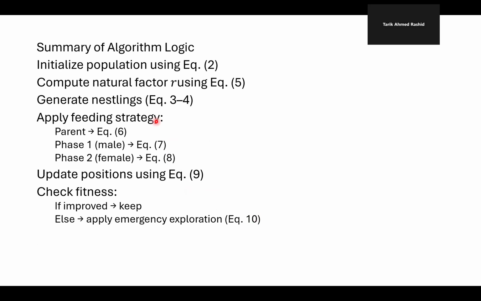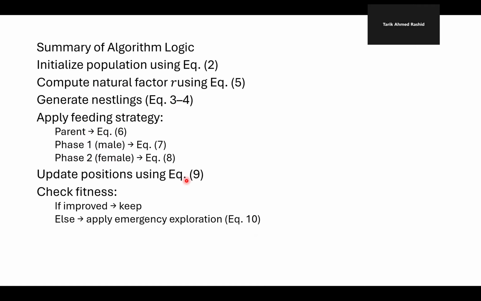So this is a summary of the equations that we covered: initialization and using the natural factor, equation 5, generating the kids or nestlings, then parent feeding for himself, male parent feeding the nestling, and female parent feeding the nestling.